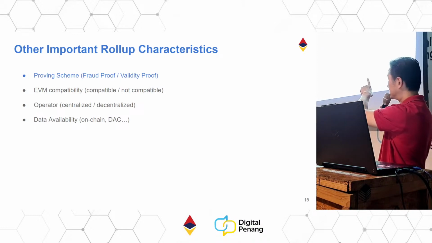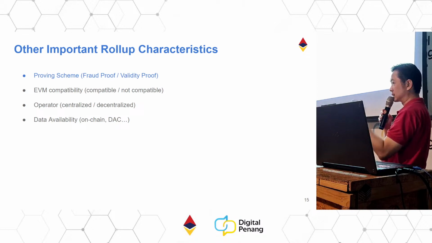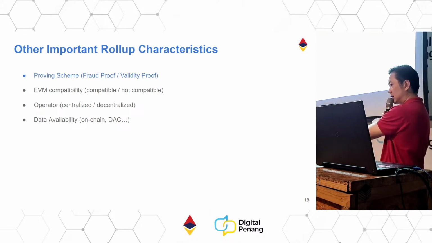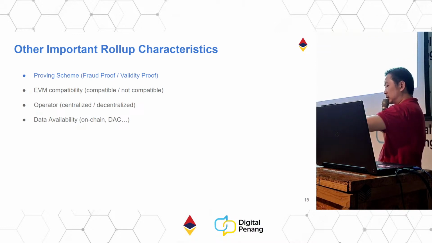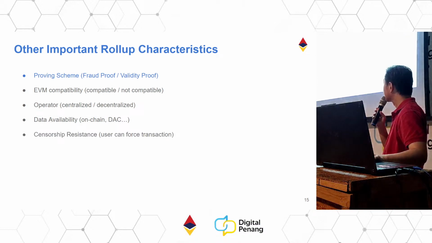This is a data availability committee that can sign a message or a state root saying that your data is actually safely stored in another off-chain solution, and you can put that proof, the commitment, onto layer one as proof that you have already stored the data.